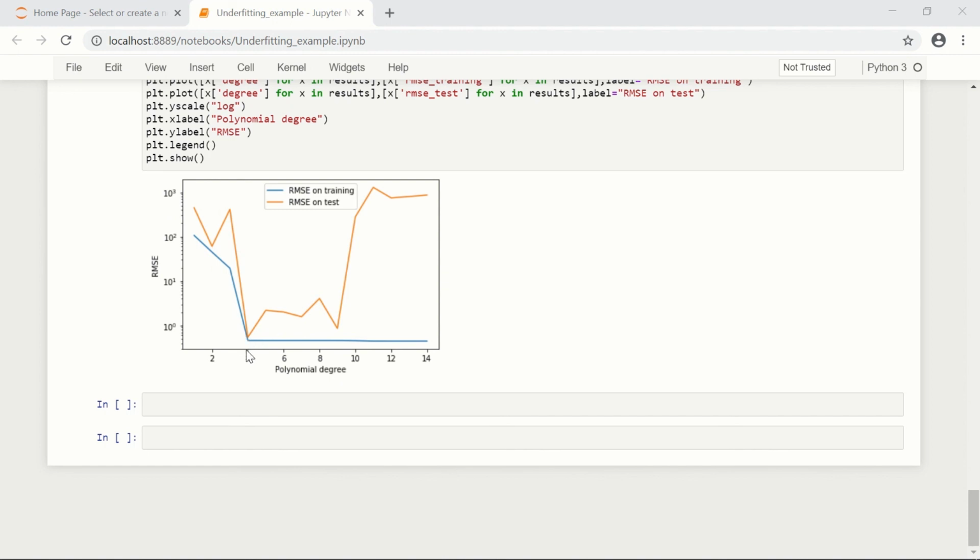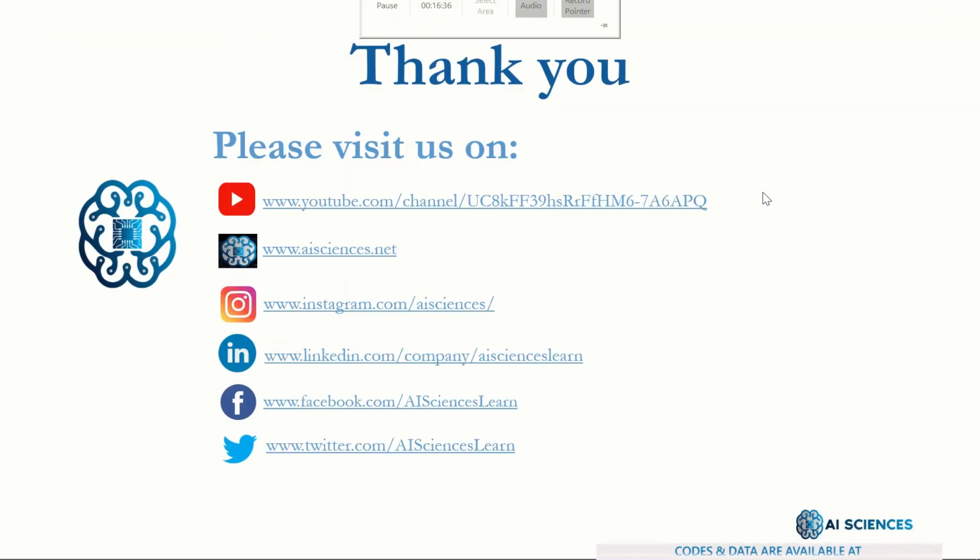At a polynomial degree of 4, they were almost equivalent, and it is the area where we get the perfect fit. If we keep on increasing the power of the model, then the training error keeps decreasing or stays the same, but the testing error again starts increasing. So we need a good complexity of the model where we get good results on training and testing data as well.